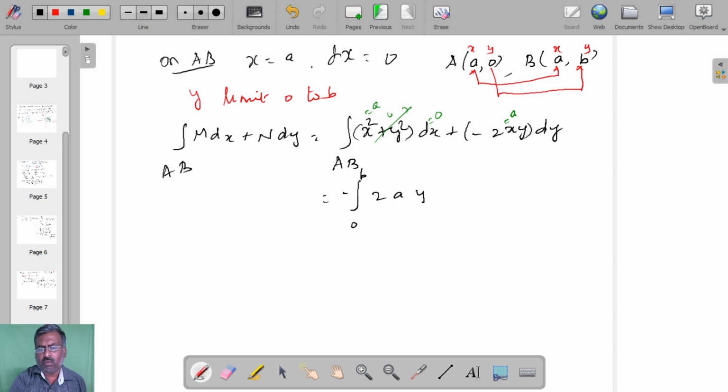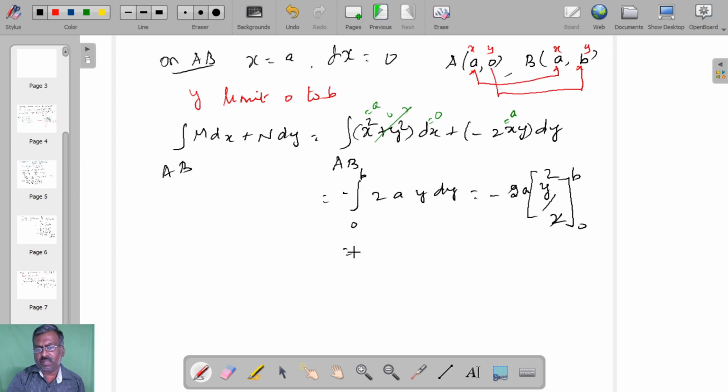2a y into dy. For minus 2a y dy, now we take integration with respect to y only. So this equals minus 2a into integration of y, which is y squared by 2. The limit for y is 0 to b. Now cancel 2 and 2.